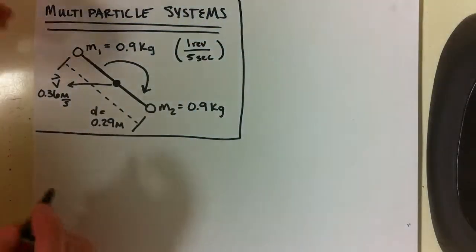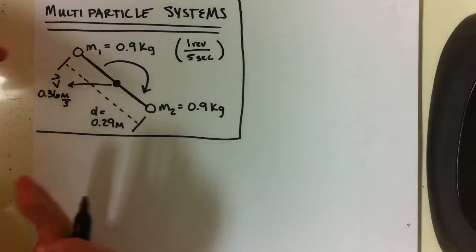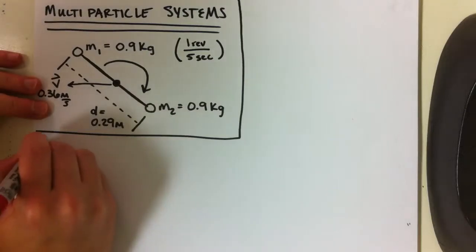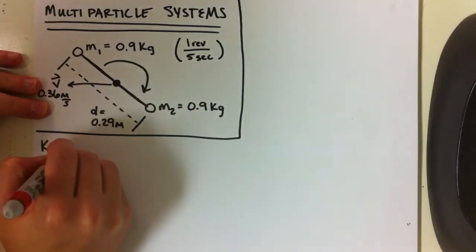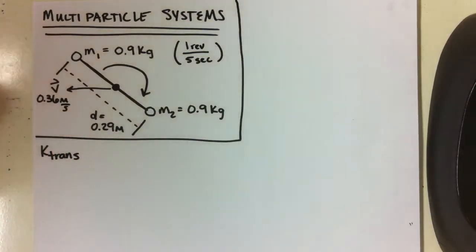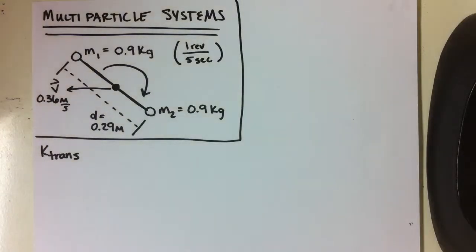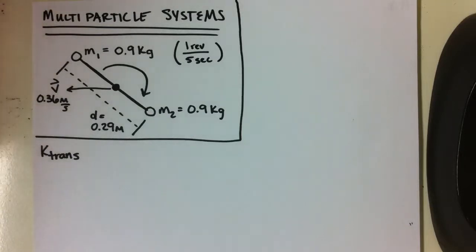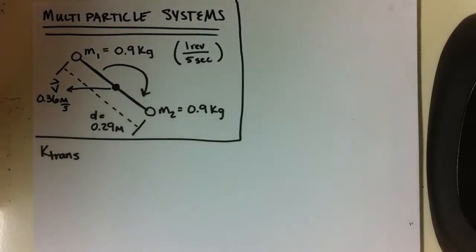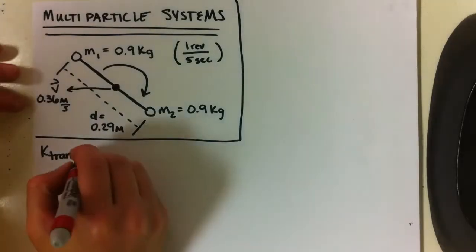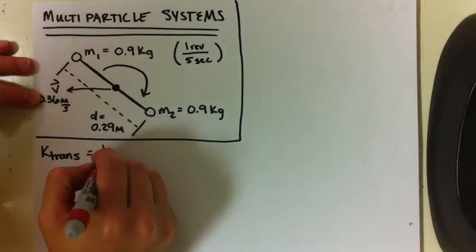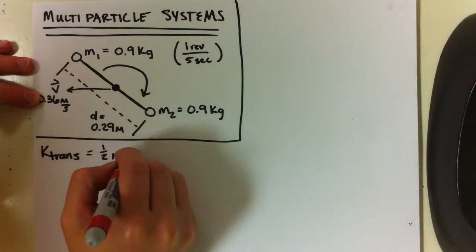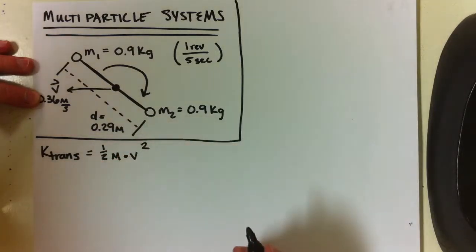Now what we want to find is the translational kinetic energy of the barbell. So K-trans is what we're looking for. And the translational kinetic energy is simply equal to 1/2 the mass times the velocity squared.